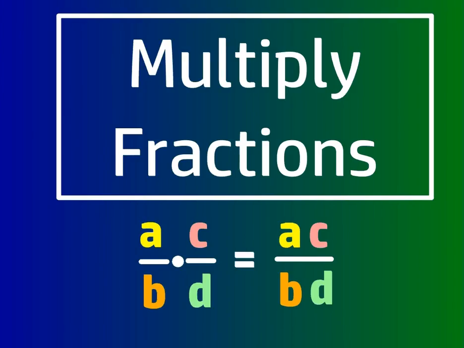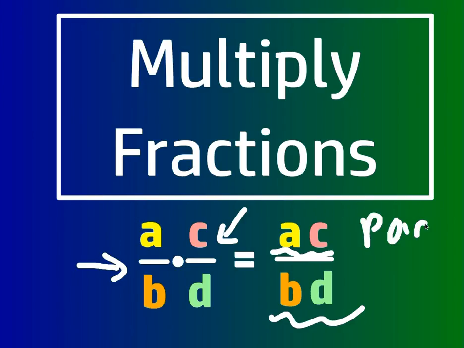Okay, so when you take a fraction a over b and multiply by c over d, all you do is you multiply the numerators together, ac, and then you multiply the denominators together, bd. It's that simple. So again, you have your parts on the top, for the most part, that's what a fraction is, and your whole on the bottom.